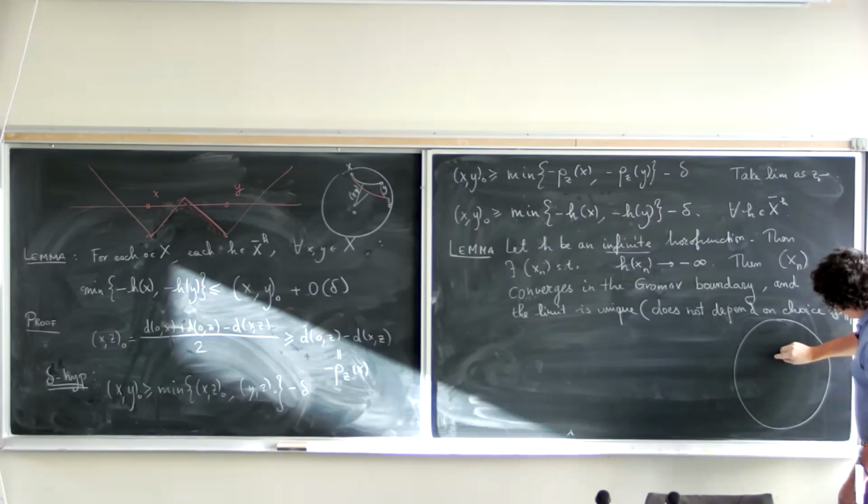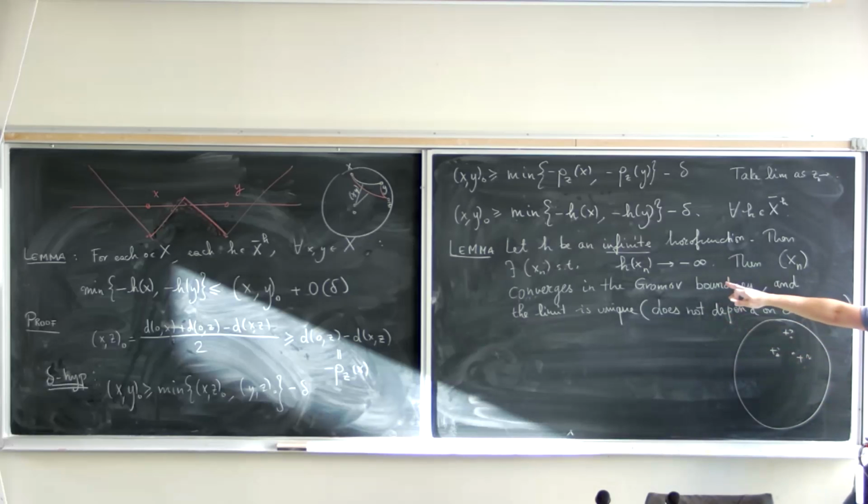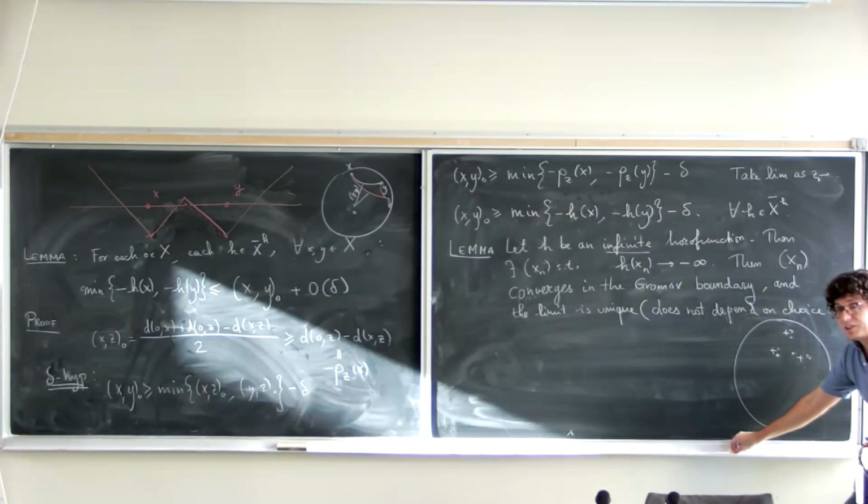It's like, okay, you have a sequence x1, x2, x3, any sequence. We just have to say that for this sequence, the value of the given Horo function goes to negative infinity. So the lemma tells you that this sequence does indeed converge to a boundary point.